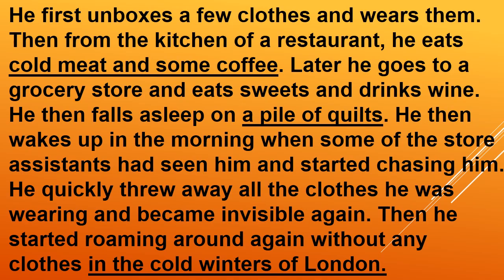Now he became a fully dressed and visible person and he also took cold meat and coffee and also sweets and wine. Later he goes to a grocery store and eats sweets and drinks wine. And he then falls asleep on a pile of quilts.